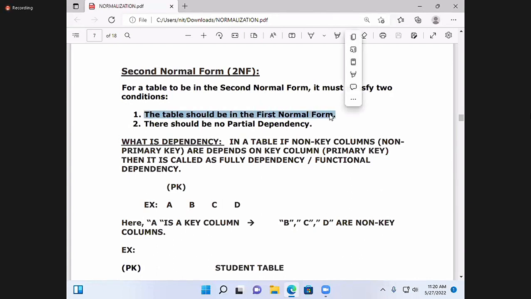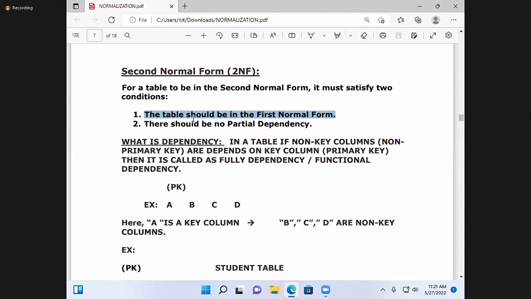That means your table, as usual, first satisfies the four conditions of first normal form. Every column should have an atomic value, based on the data type only related data is accepted, and duplicate column names should not be there. It means every column name is unique, and the order of the data can be in any manner.